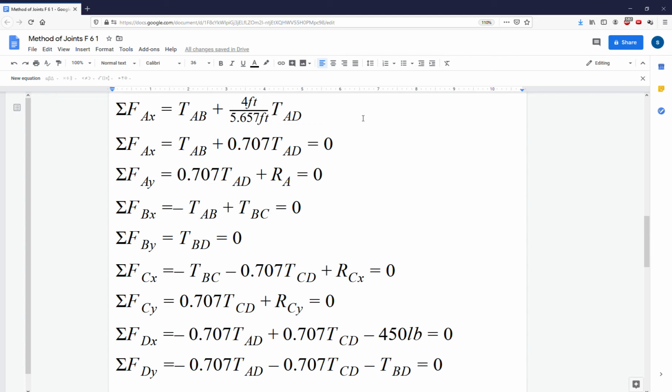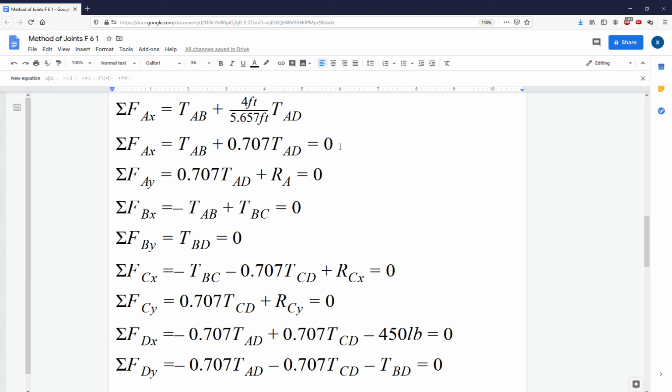In the future, I am going to not say this step explicitly. I am just going to make this division. And 4 feet divided by 5.657 feet is 0.707. No unit. Which means the equation for the sum of forces in the X direction on joint A can be written as TAB plus 0.707 TAD.